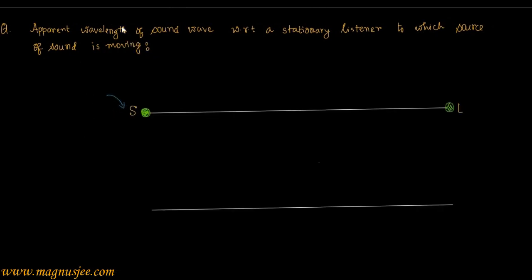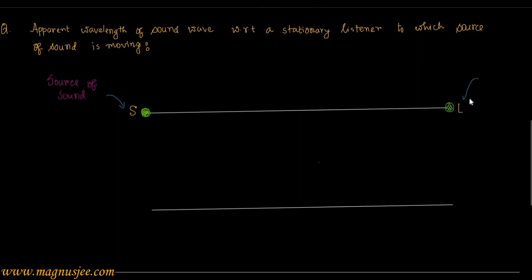So here in the diagram, S is the source of sound that is stationary, and L is the listener, and here we have to consider a stationary listener.